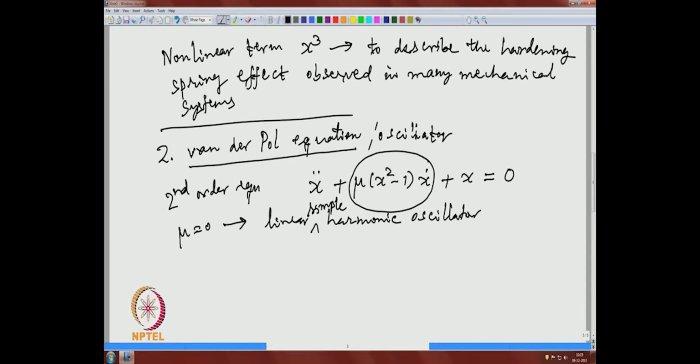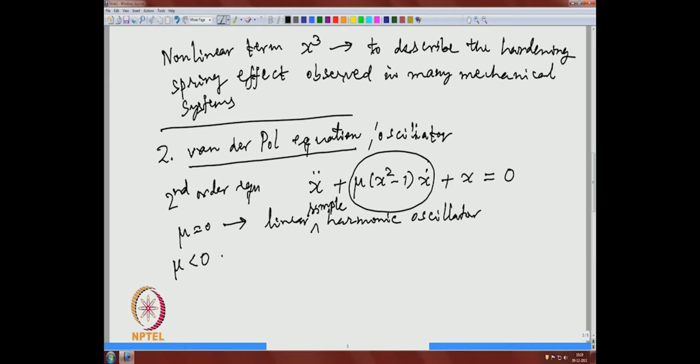Okay, when mu equal to 0, certainly we have periodic solutions, and we would like to see whether mu not equal to 0 also produces periodic solutions. Okay. So, you can imagine, when mu is negative, that is the interesting case. So, do the linear stability analysis for this also.